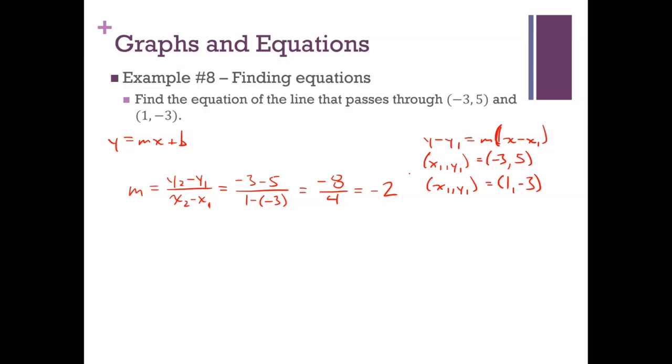So now I think I know everything that I need to know for point slope form. I have the slope and I have a point. And we can write it both ways. They're both totally acceptable. So if I use the top point at -3, 5, y minus 5 equals -2 times x minus -3, or y minus -3 is equal to -2 times x minus 1.